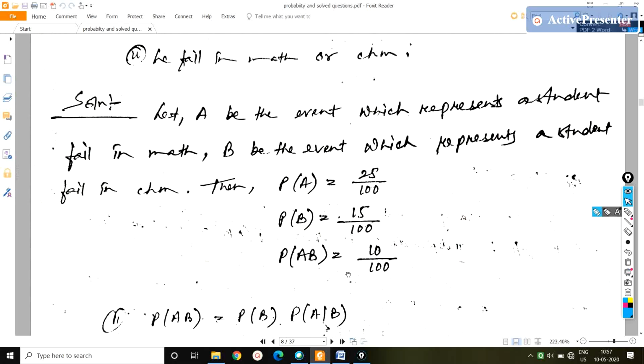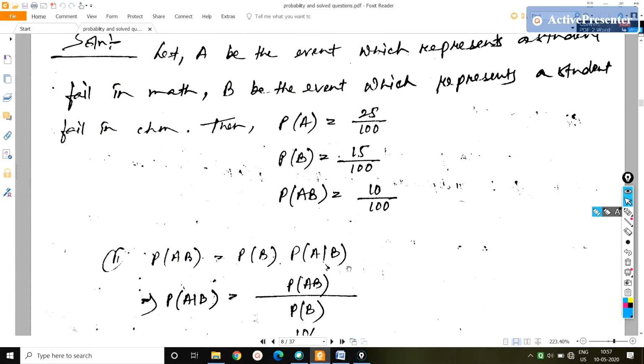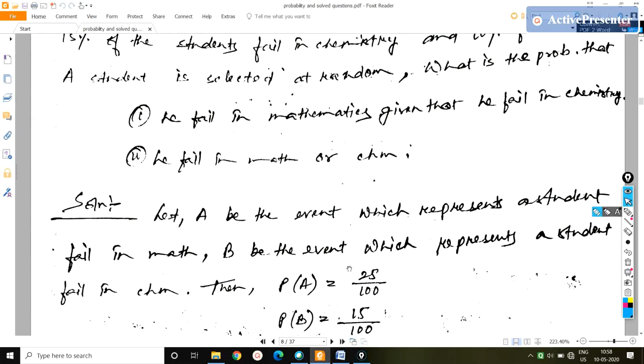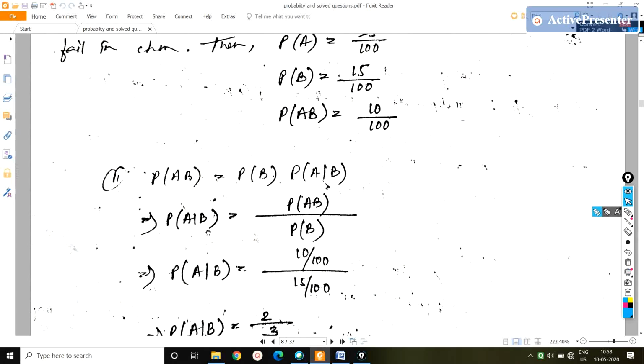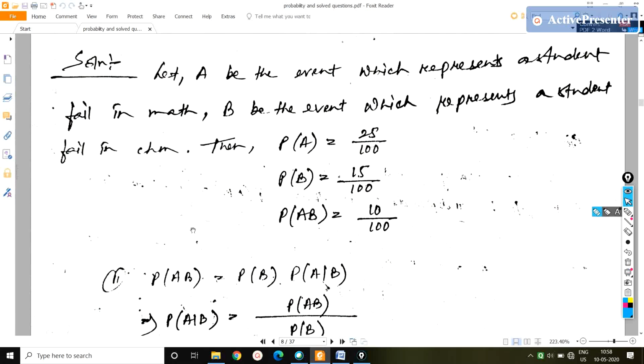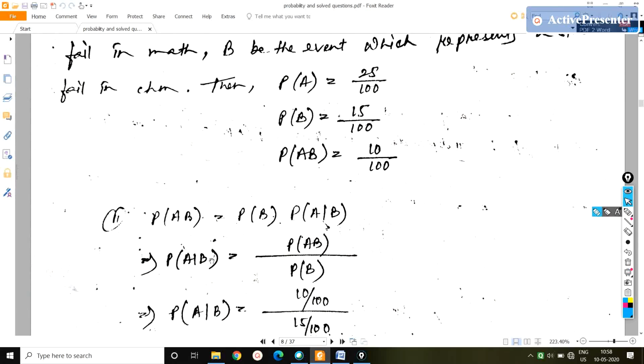Now problem 1 asks the probability that he fails in mathematics given that he fails in chemistry. So you have to find the probability of A given B, that is, the probability that he fails in mathematics given that he fails in chemistry, where B means fails in chemistry.